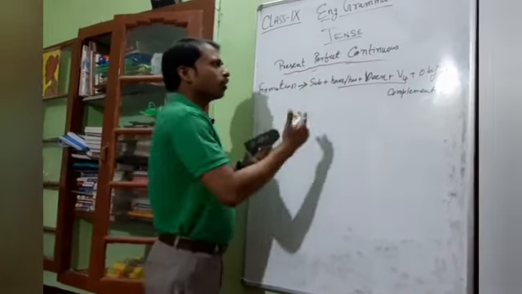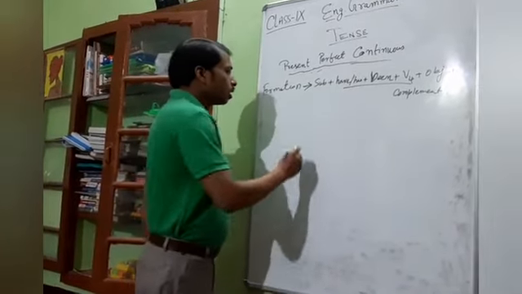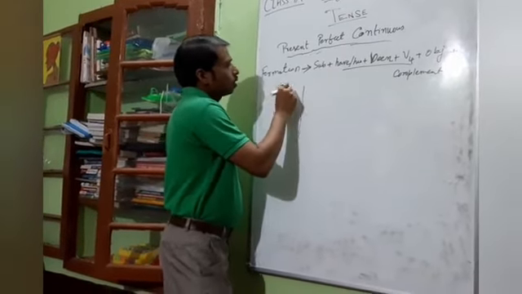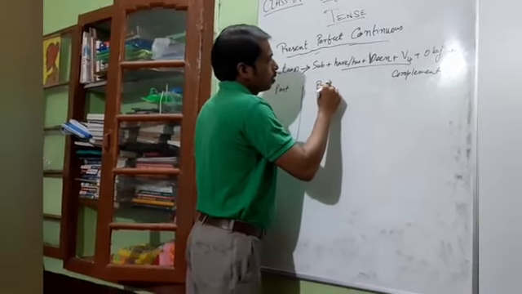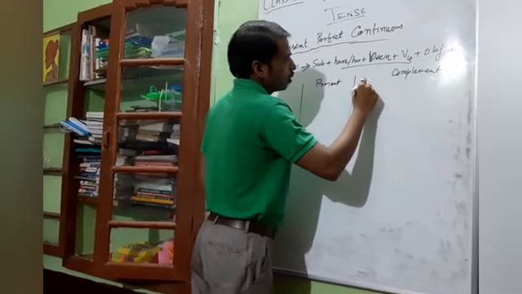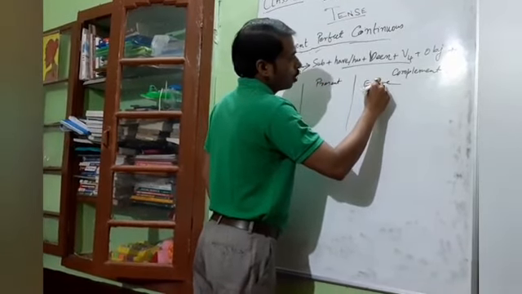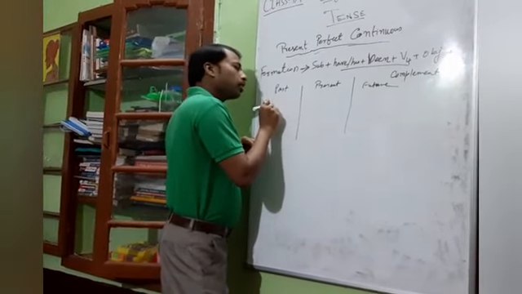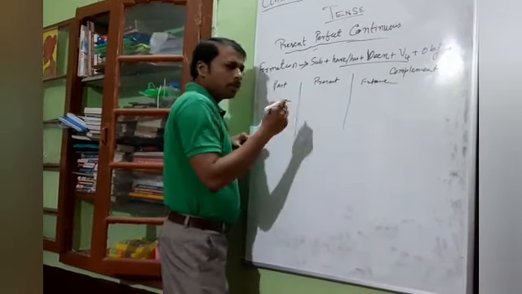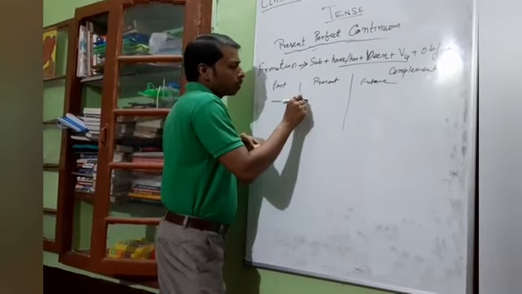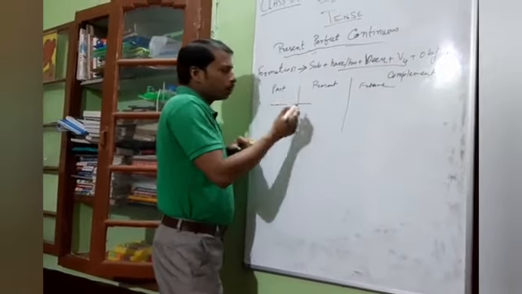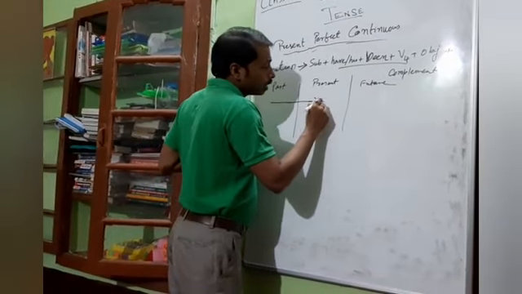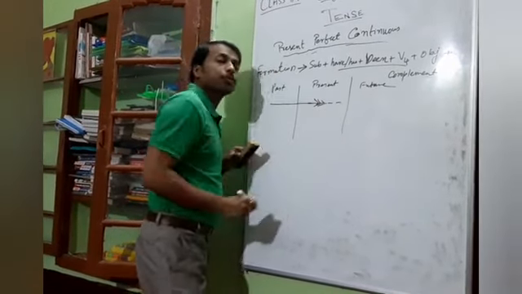Let's see what kind of actions are there. Here, any action, past, present, future. So any action which started in the past, maybe any time in the past, maybe long ago or maybe a short time ago, maybe long past, maybe near past, but the action which has started in the past and is still continuing at the present moment.